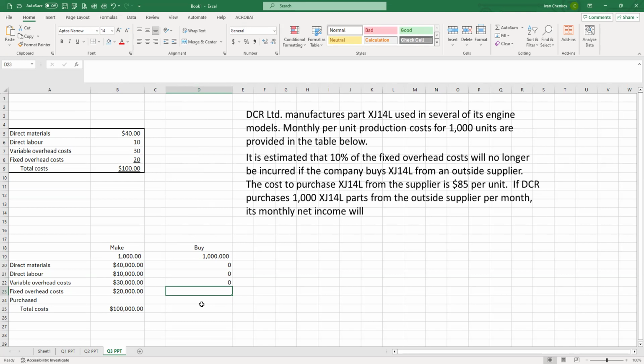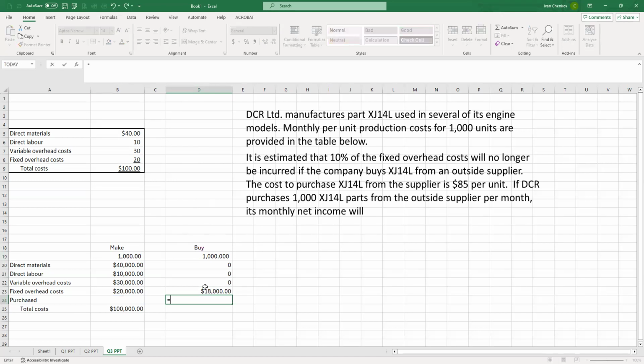How much is going to stay with me? 90%. So how much will be the cost that I cannot save? 18,000 times 0.9.